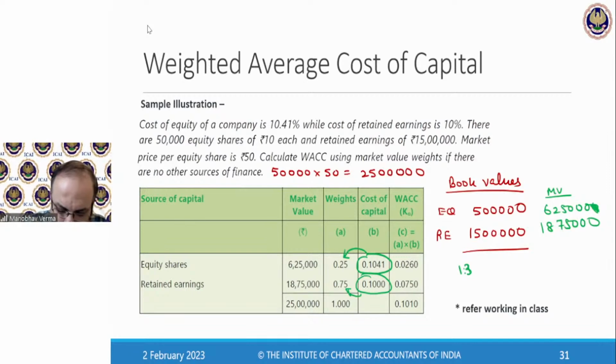Alok says we are taking weight as a proportion of equity share and retained earnings according to the ratio of market value. Alok, I just want to add one thing: market value will be given to you for the entire equity, and we are splitting that based on the book value proportion. That's it.